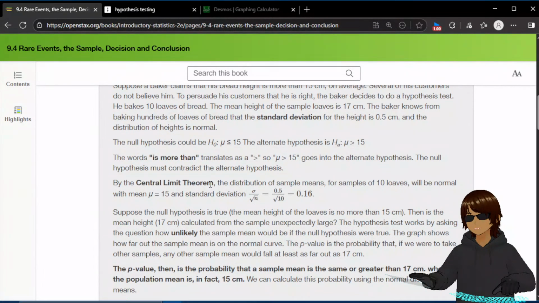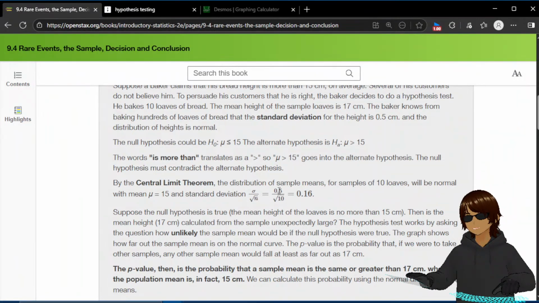By the central limit theorem, the distribution of the sample means for samples of 10 loaves will be normal with mean mu equal to 15 and standard deviation sigma over root n, which is 0.5 over root 10, equal to 0.16.